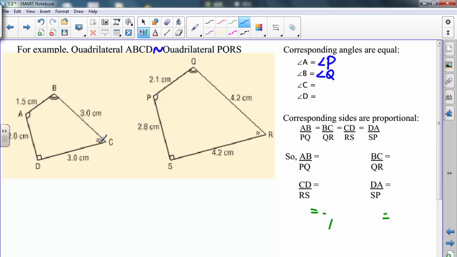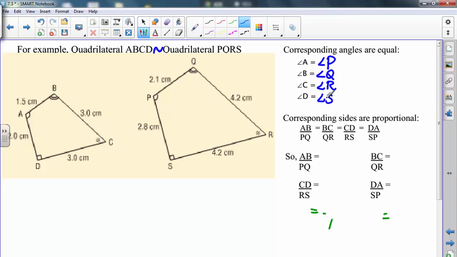These two symbols represent angle R equals angle C. So angle R corresponds to angle C, and they are equal. This small square symbol represents angle S equals angle D. Angle S corresponds to angle D, and these two angles are equal as well.